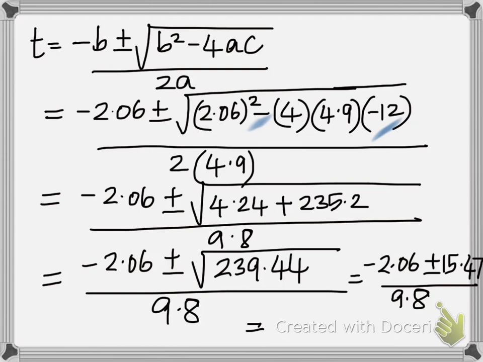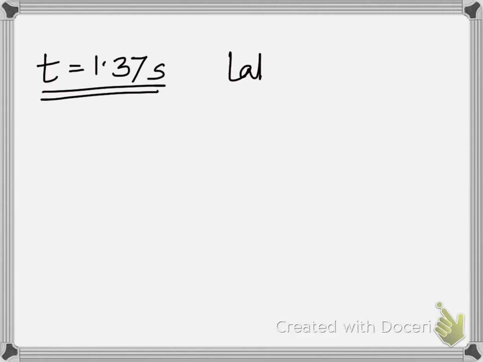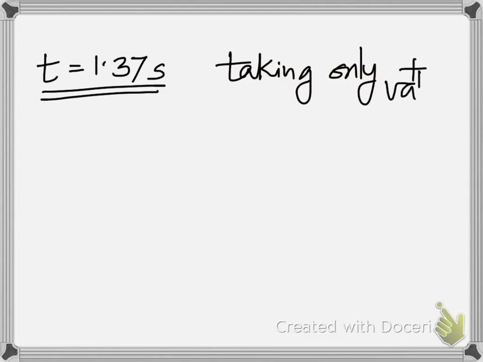So we're only going to take negative 2.06 plus 15.47. So then you would get 1.37 seconds. Once again, remember, we're only taking the positive values because time cannot be negative.